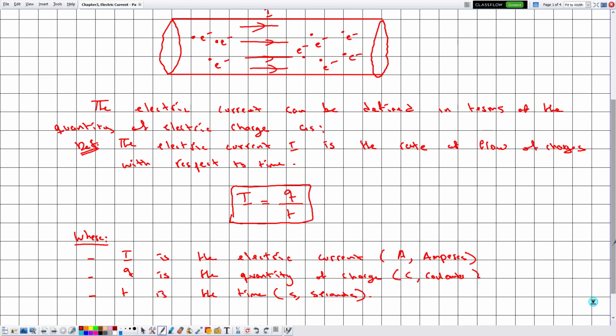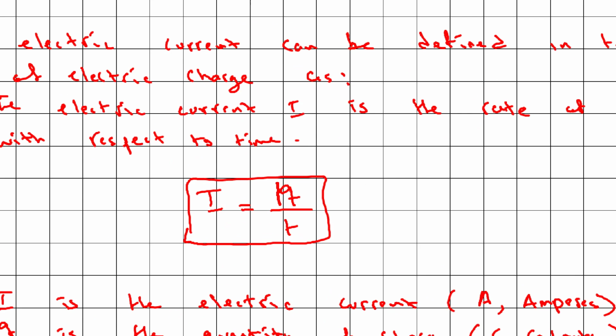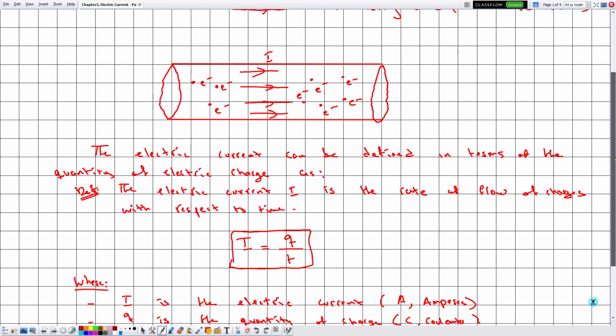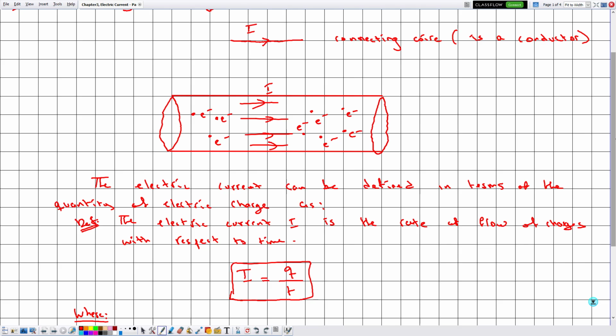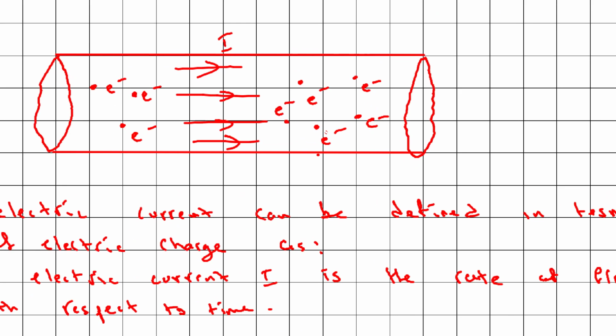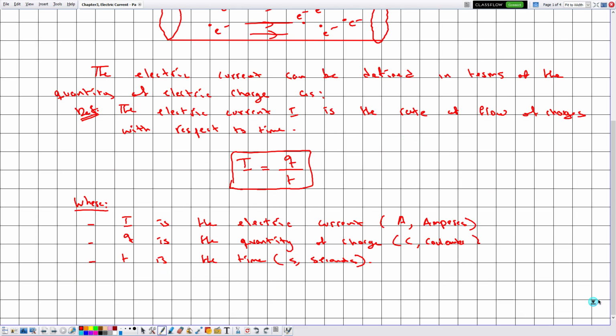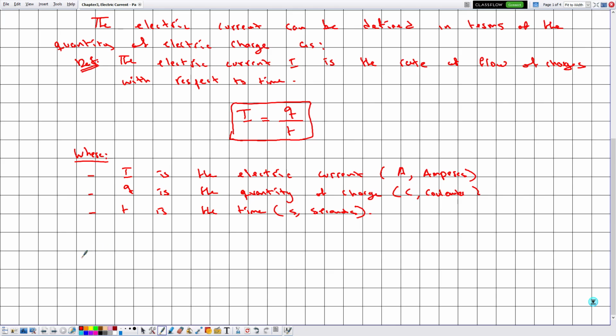Now what's the relation between Q and these electrons? We know that whenever we have electrons, we can define a new quantity, which is Q, the quantity of charge, which is simply Q is given by N multiplied by E. So Q is the quantity of charge.